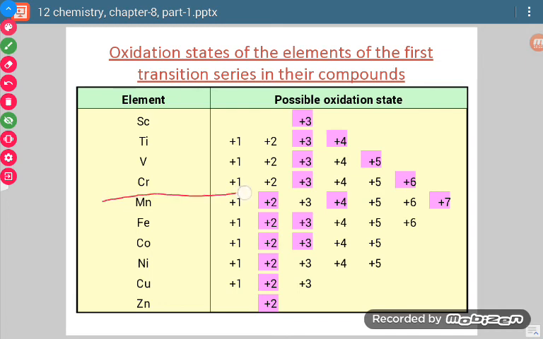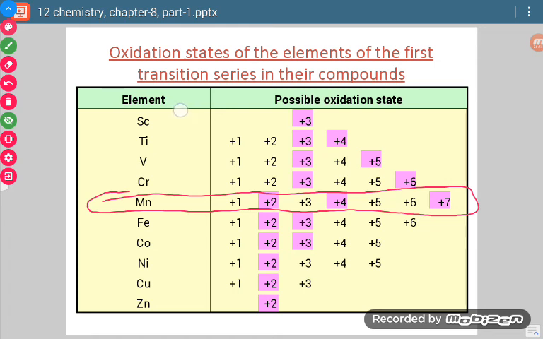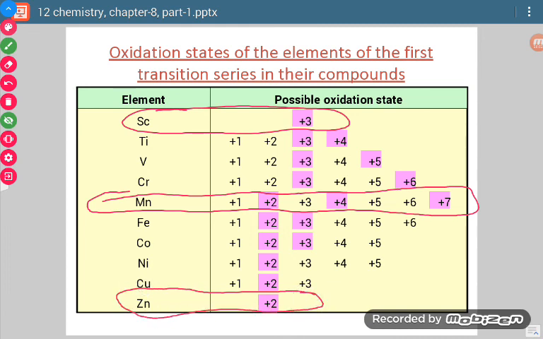If we see this chart, we can say manganese shows the maximum number of oxidation states. Why? Because with the increase in the number of unpaired electrons, the tendency to show oxidation states increases. Now see, scandium can show only one oxidation state, that is +3. Zinc can show only one oxidation state, that is +2. Why is it so?